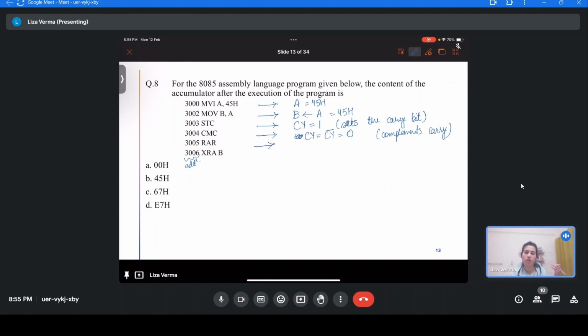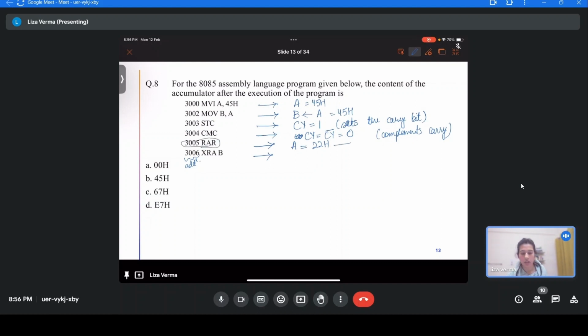Rotate the contents of the accumulator to the right through the carry. After moving to the right, A becomes 22H.